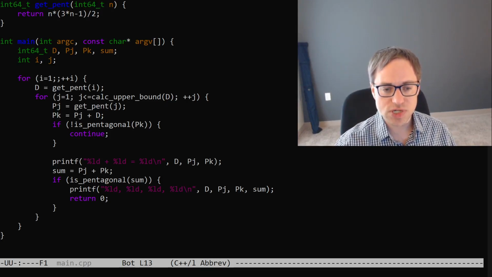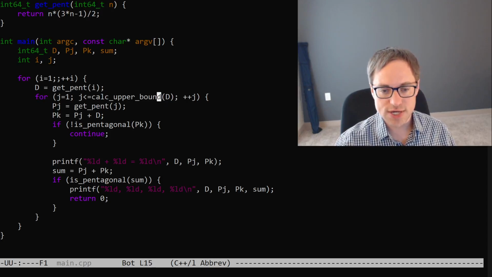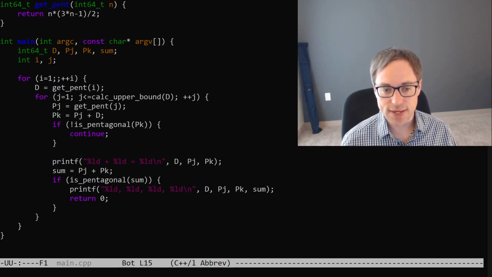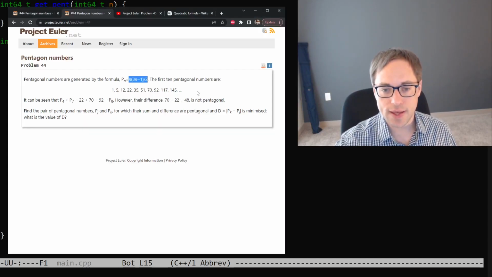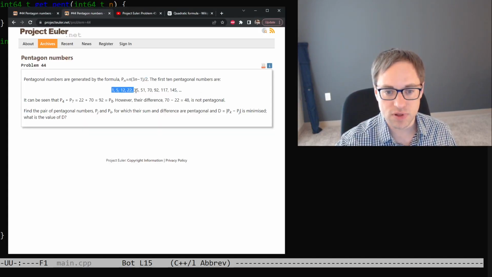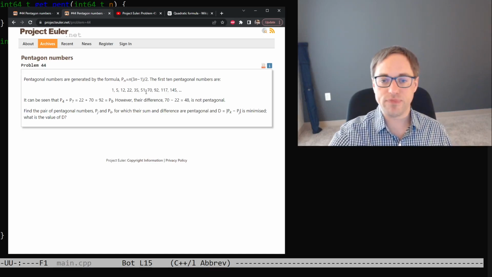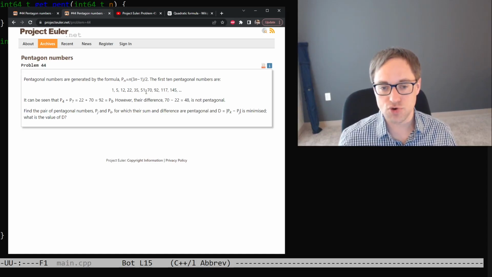And in order to understand that, we're going to need to finish our implementation, starting with this function, calc upper bound. It may not be immediately obvious that this upper bound even needs to exist. If we go back to the problem description and take a look at the example values for pentagonal numbers, you may notice that the difference between them is increasing as they increase.